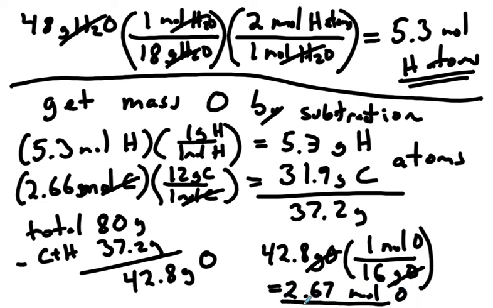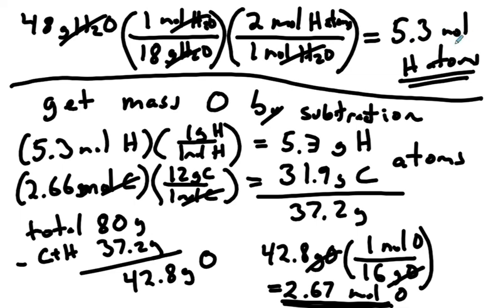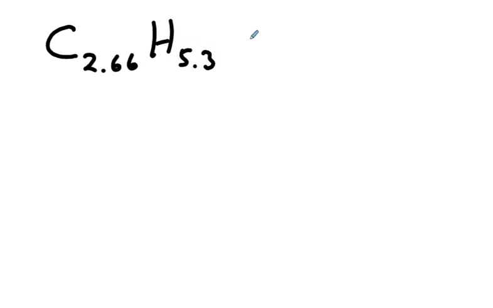So we've got 2.67 moles of oxygen atoms, and remember we had 2.66 moles of carbon atoms, and hydrogen we said was 5.3. So let's write all this out. We had carbon is 2.66, hydrogen we said was 5.3, and oxygen we said was 2.67.